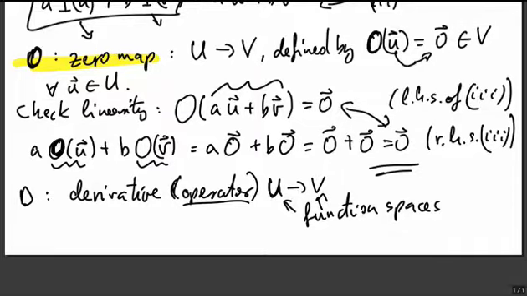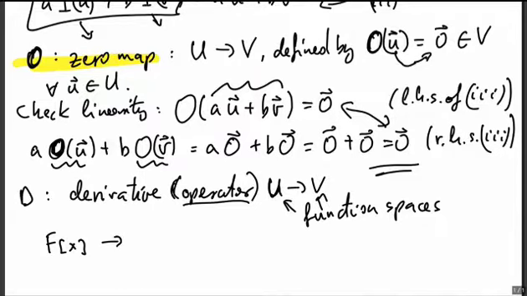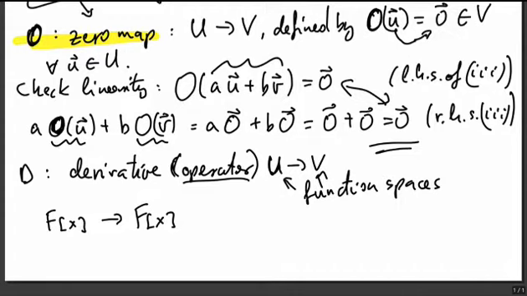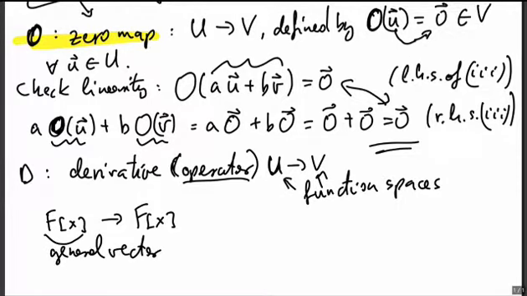The derivative can be a lot of different things. We looked at the vector space of polynomials, for example. So we can have this from F, the vector space of polynomials with real coefficients and real variable, into the same space. And then what we have there is that the general vector can be written as a polynomial p of x with some coefficients.